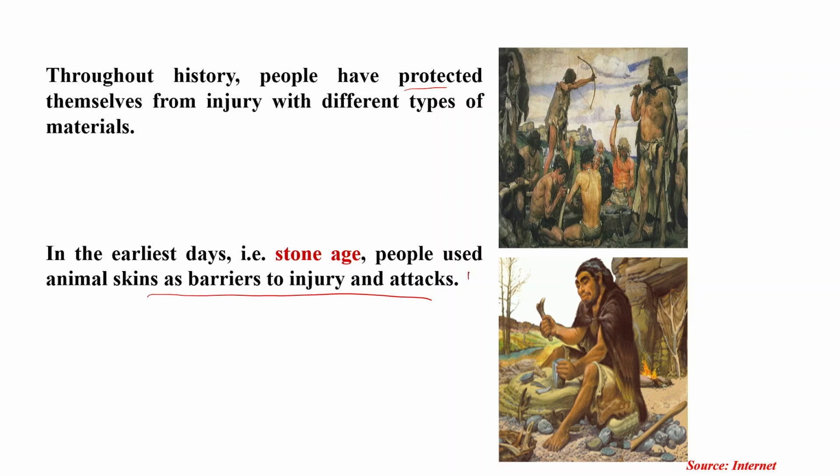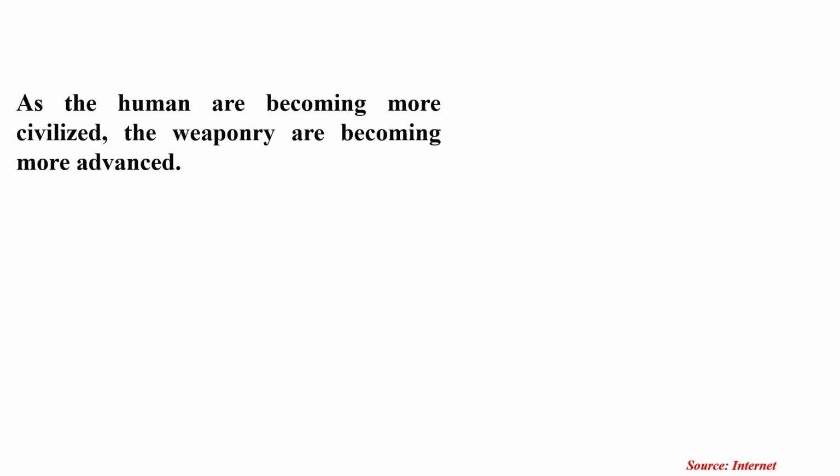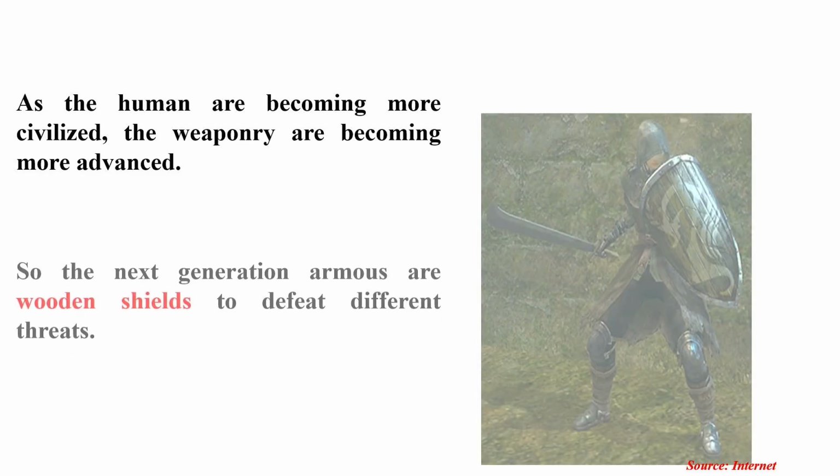As humans became more civilized, the weaponry became more advanced, and threats became more severe. That is why we had to develop our protective clothing in a different way.